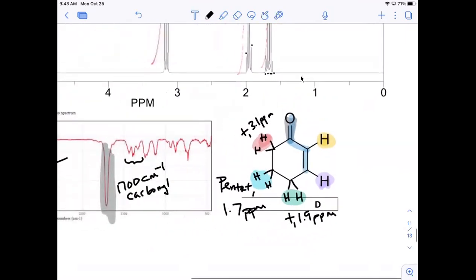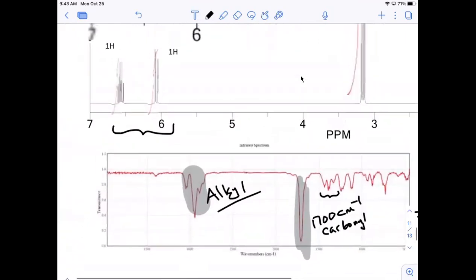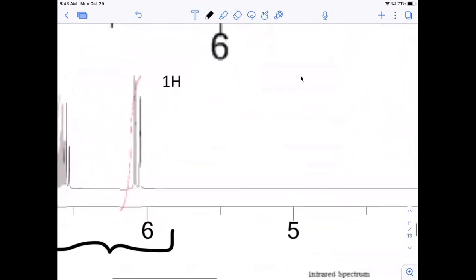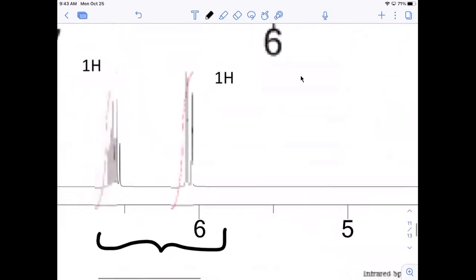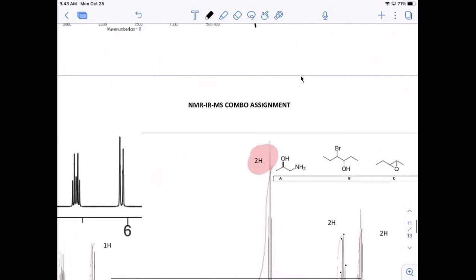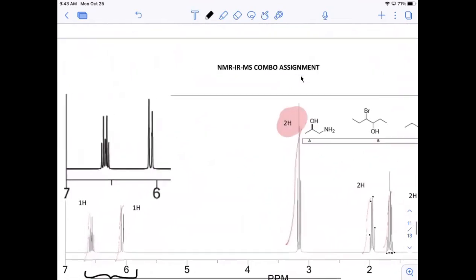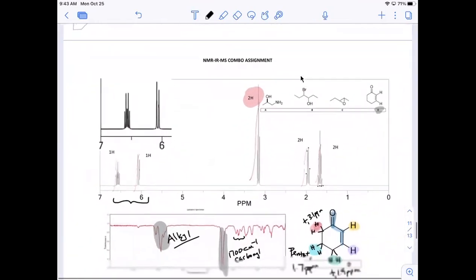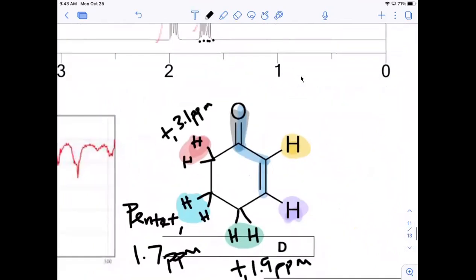All right, and then if you look at the proton at 6, it's a doublet. If we go over here on the alkene, which one of those do you think is going to be a doublet?